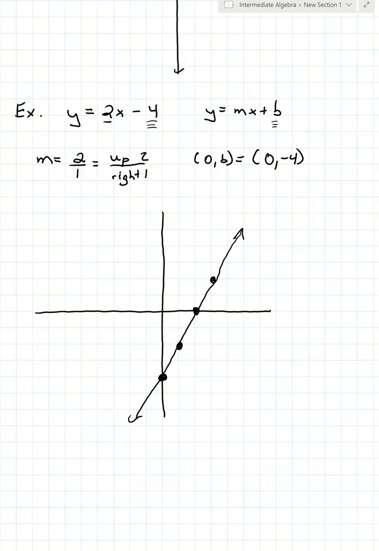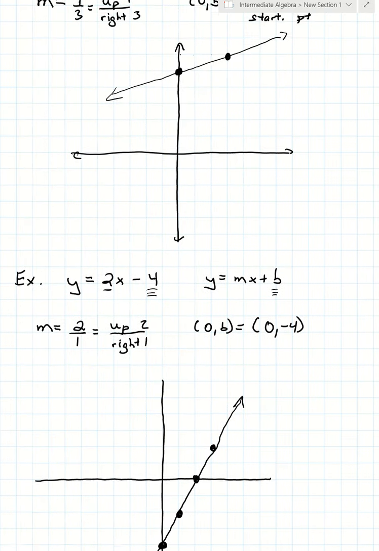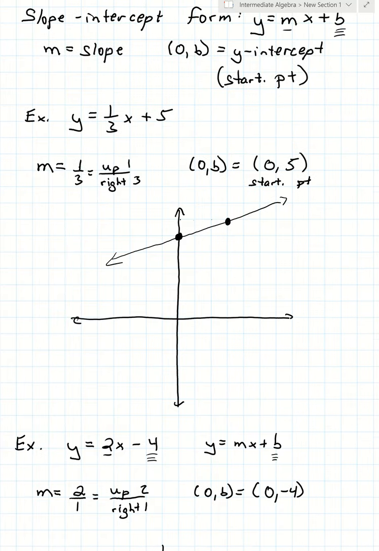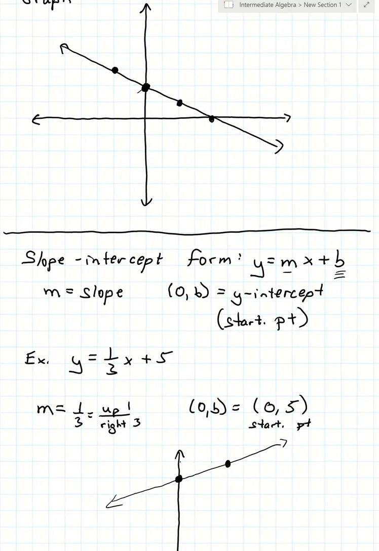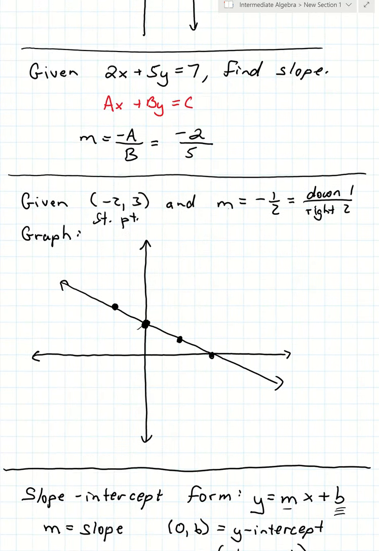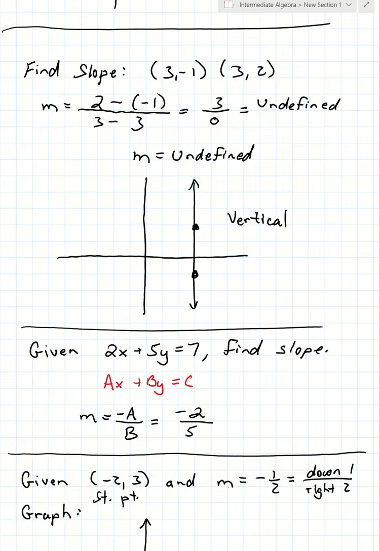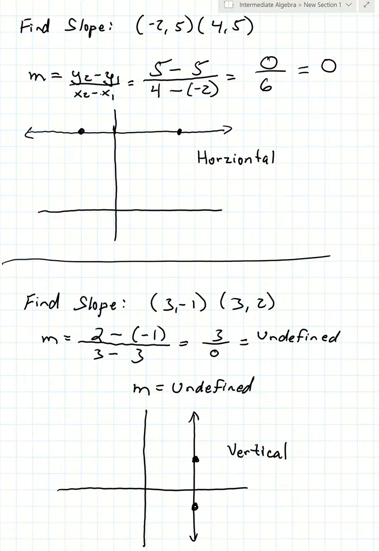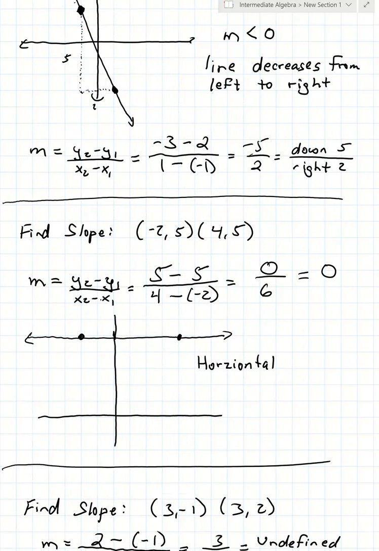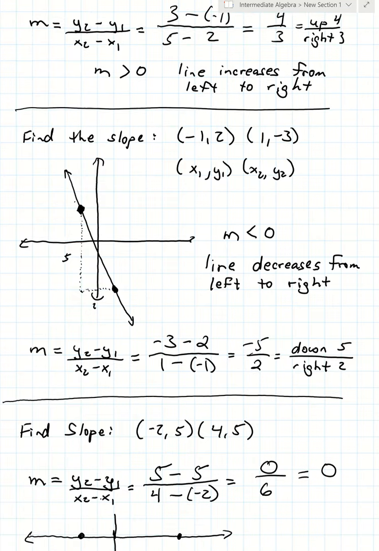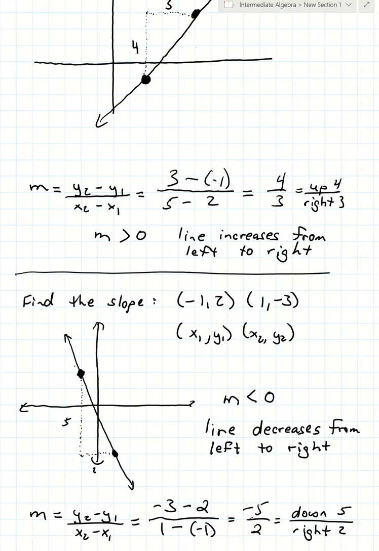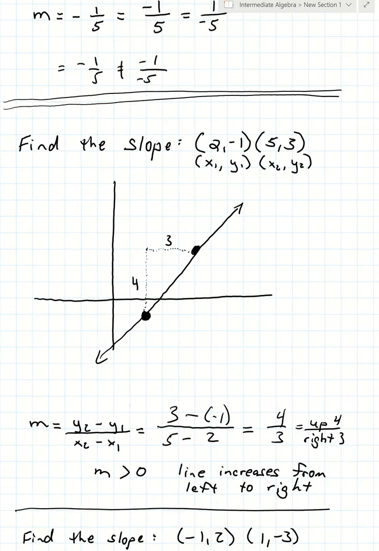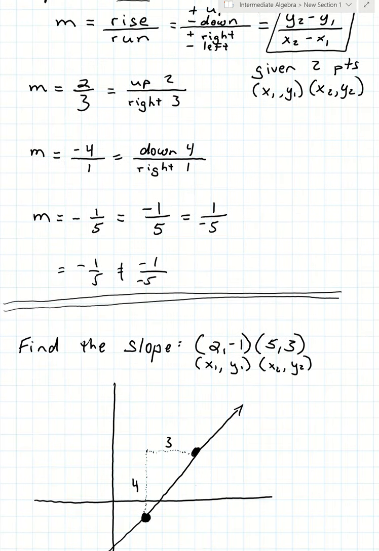So a lot of stuff going on here, all right, involving this idea of the slope. Okay. Let's just recap what we talked about today in terms of slope. We had quite a bit of formulas that allowed us to find the slope, how we defined what the slope was initially, okay?